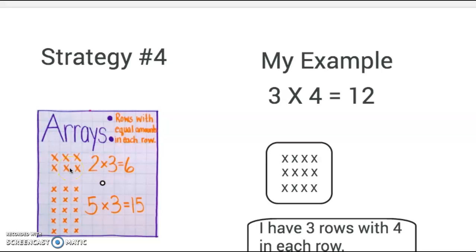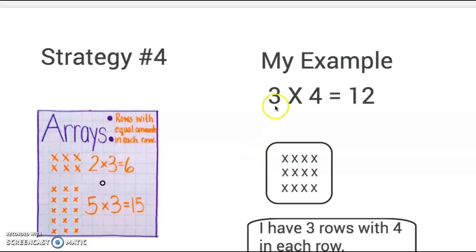So it is showing 2 rows with 3 in each row. In 5 times 3, it's showing 1, 2, 3, 4, 5 rows of 3 in each row. And so if we were to count them out, we would go 1, 2, 3, 4, 5, 6, 7, 8, 9, 10, 11, 12, 13, 14, 15.